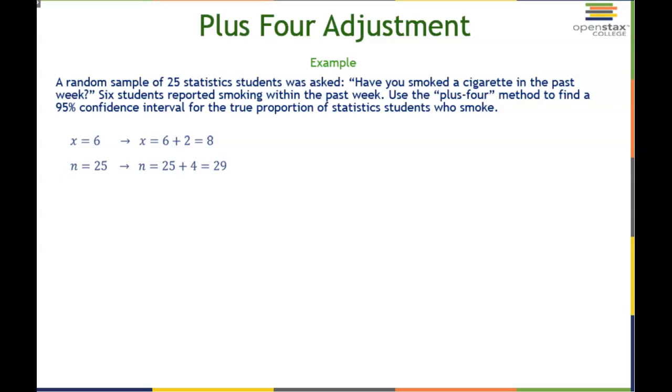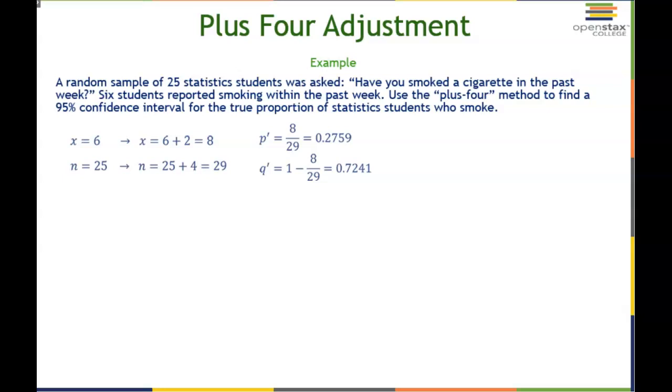Next step is calculate P prime and Q prime. P prime is the successes over the sample size. So 8 divided by 29 is 0.2759. Q prime is 1 minus P prime.